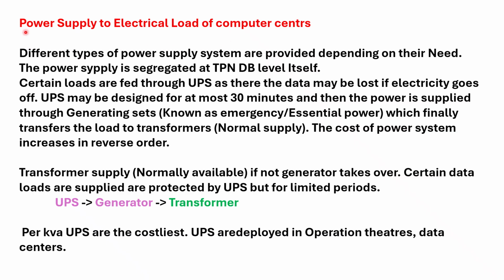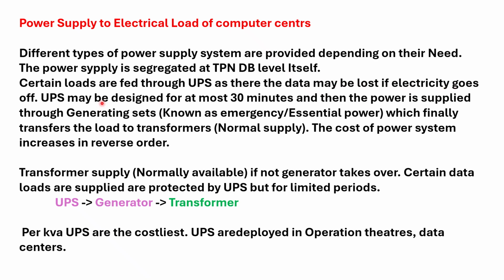Power supply distribution arrangement: different types of power supply systems are provided depending on their need. The power supply is segregated at the TPN DB level itself. Certain loads are fed through UPS as there the data may be lost if electricity goes.